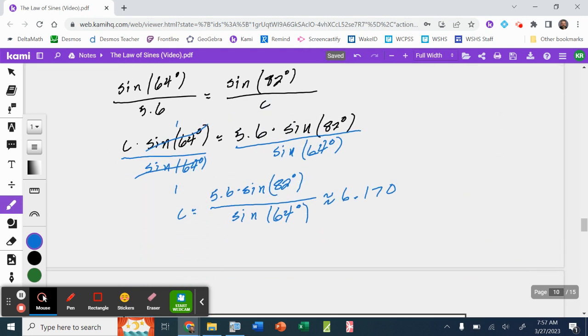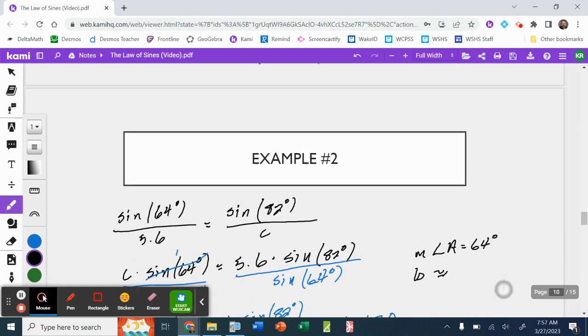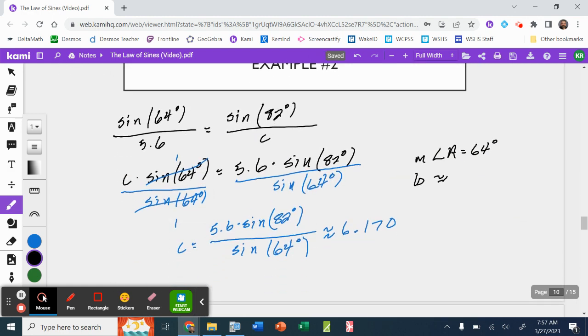So they asked us to find all of these pieces of information. So I'm going to go back and summarize them all. So the measure of angle A we found to be 64 degrees. Side B we found to be approximately 3.484 centimeters.